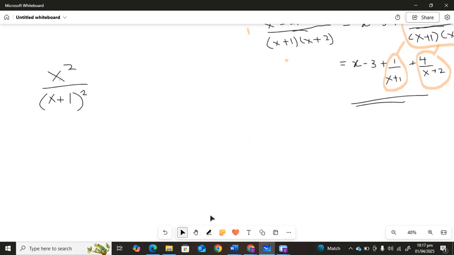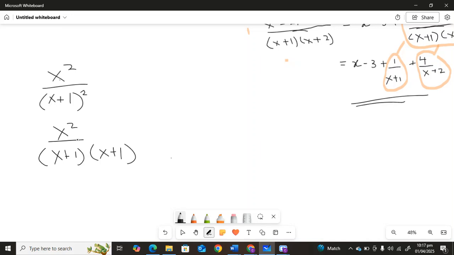Okay, let's expand the denominator so that we see why it's an improper fraction. When we expand the denominator, let's multiply x plus 1 times x plus 1.